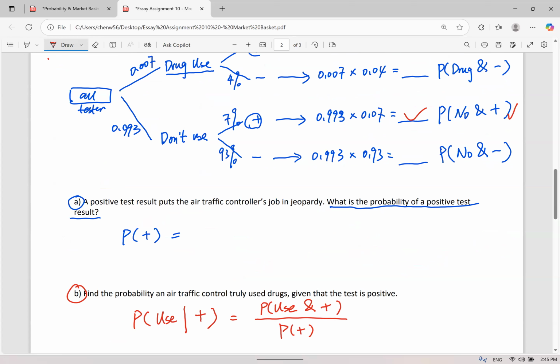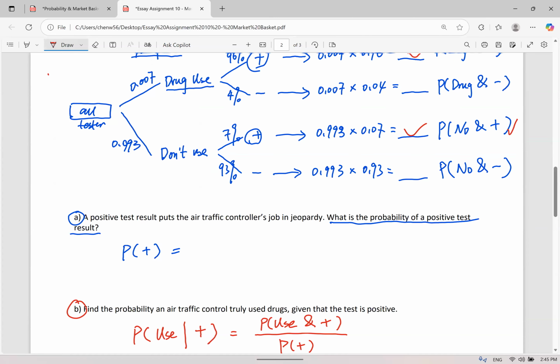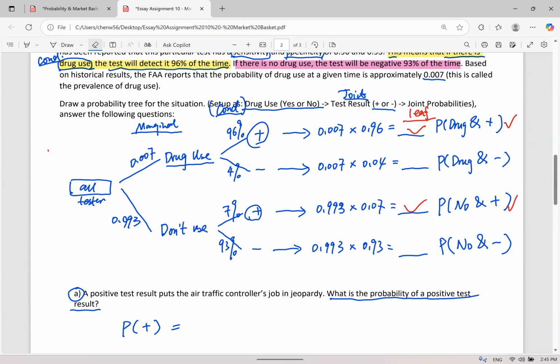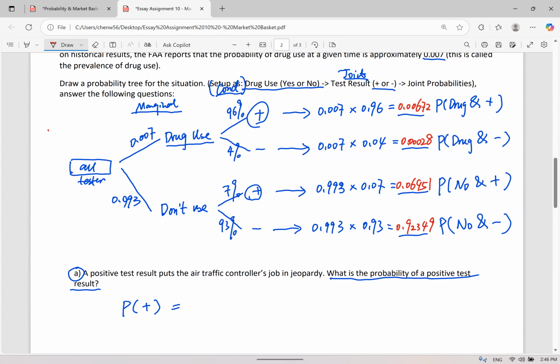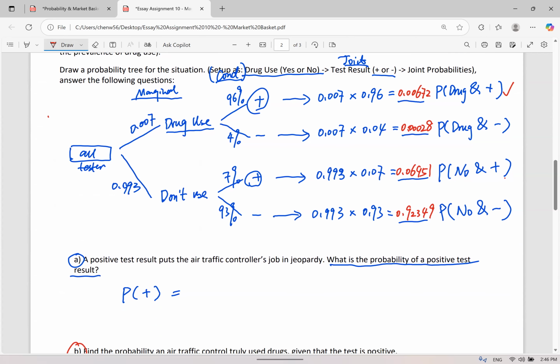Try to complete it. Anyone want to check with me?